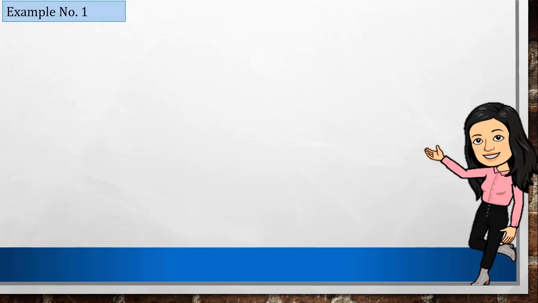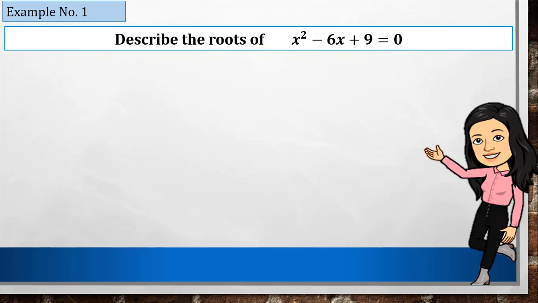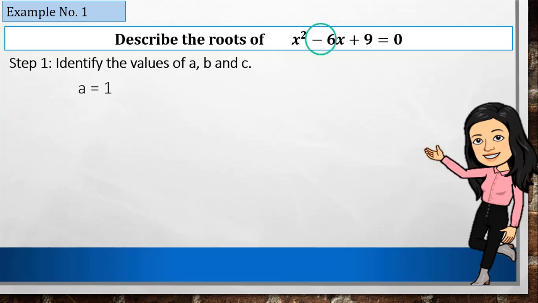Okay, let us have example number 1. Describe the roots of x squared minus 6x plus 9 equals 0. So step 1, identify the values of a, b, and c. So based on the given, ang value ng a natin is 1. And then b is equal to negative 6.